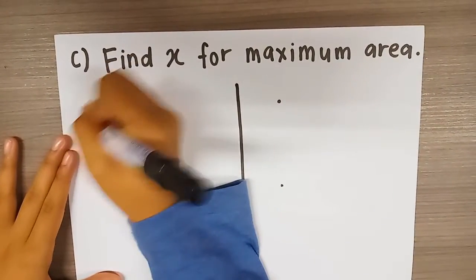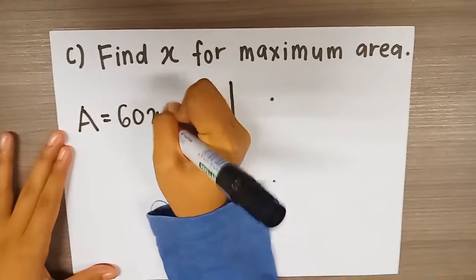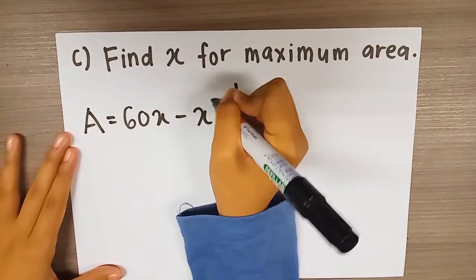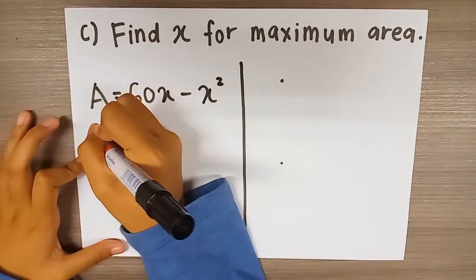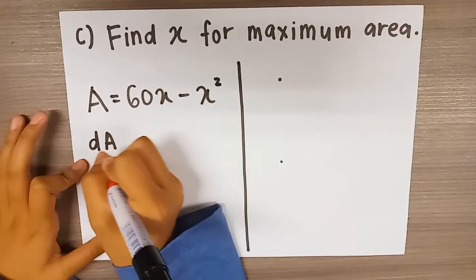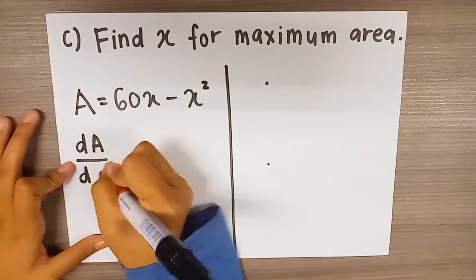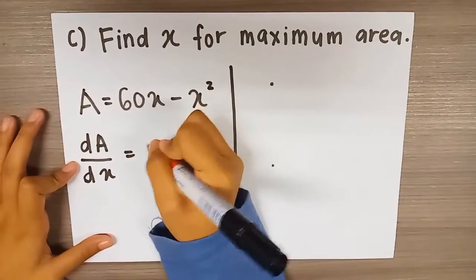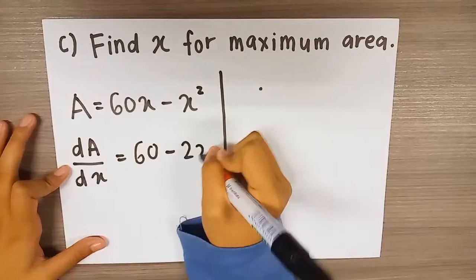Our area equation is 60x minus x², and we differentiate the area formula, then we get dA with respect to x, which is 60 minus 2x.